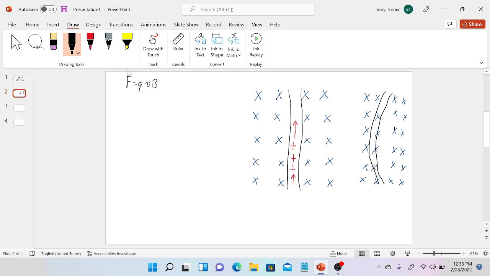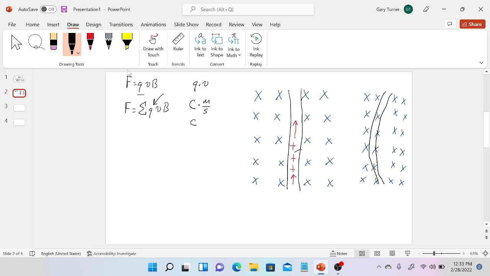QVB for a single charge. When I have lots of charges, I can say F is equal to the sum of all my Q's times V times B, but that assumes I know how many Q's are moving. And it's much easier to say, okay, wait a minute, Q times V is the same thing as coulombs times meters per second.